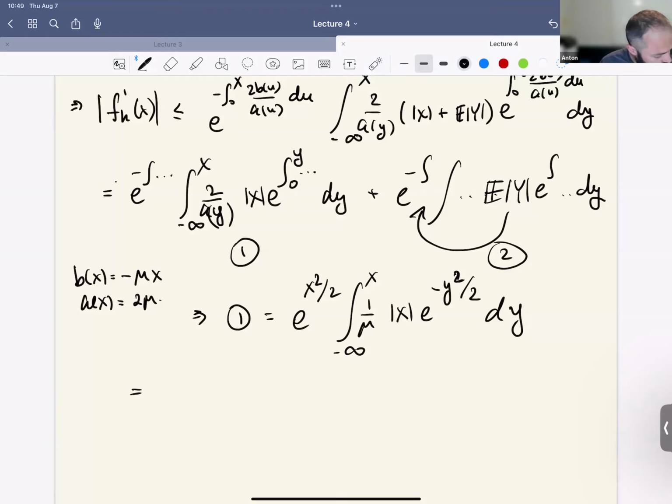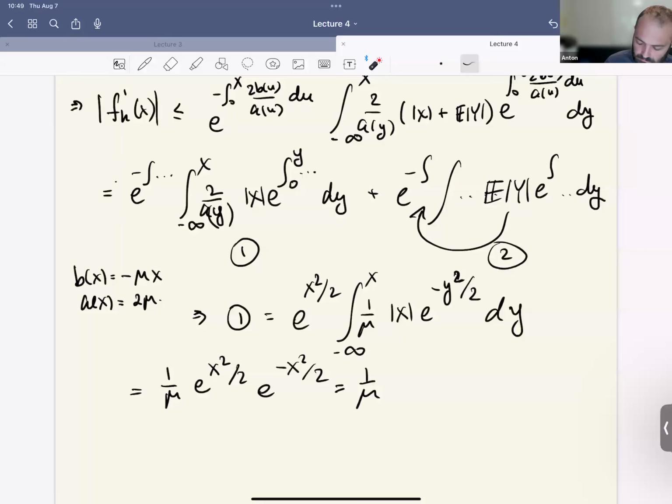This I cannot do from memory. All right, 1 over mu, e of x squared over 2, e of negative x squared over 2, and this is just 1 over mu. Okay, I embarrassingly forgot what this rule is called, but you can verify that this is satisfied.